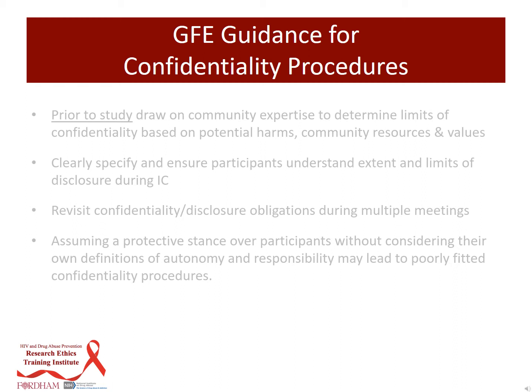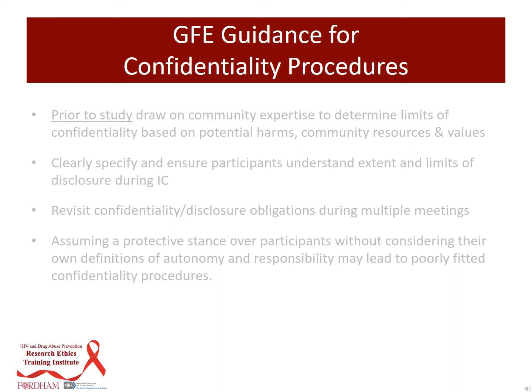Because when you write a grant, you want to say, what is the impact? So here, some of the recommendations we made were, prior to the study, draw on community expertise to determine the limits of confidentiality that are acceptable in that community based on potential harms, their resources, and their values. Clearly specify and ensure participants understand the extent and limits of disclosure during informed consent.